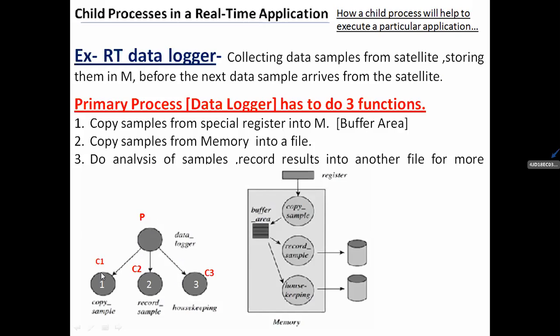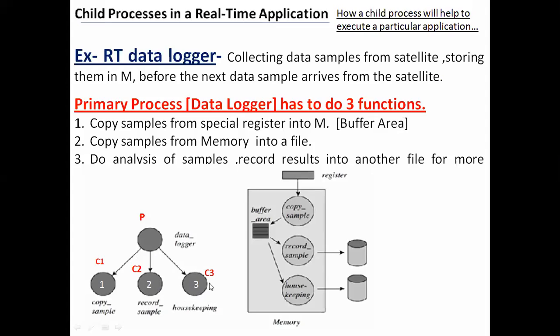The function of the first child process is to copy samples from the special function register to memory, and the function of the second child process is to record the samples from the memory into the file.